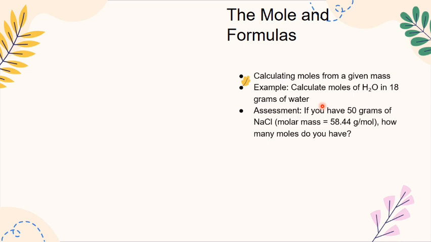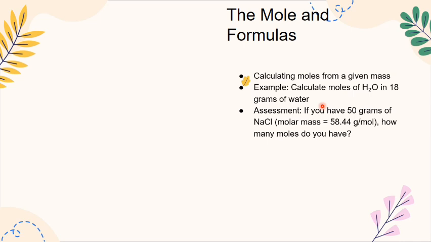Now there is always a relationship between the mass, the molar mass, and the mole. Whenever you hear gram, know that we are talking about the mass. Whenever you hear gram per mole, it has to do with the molar mass.